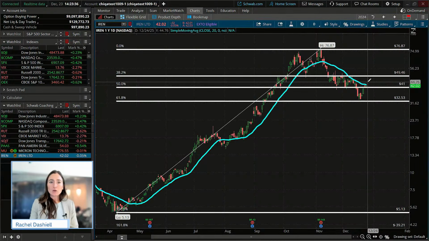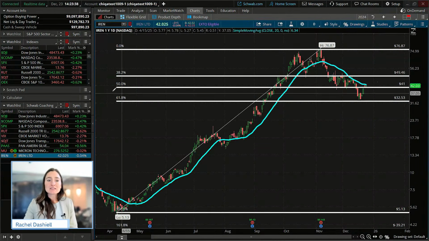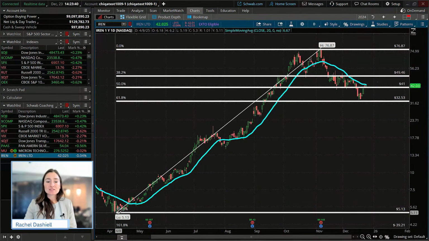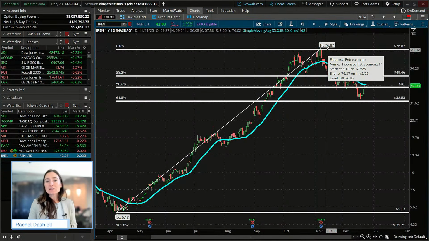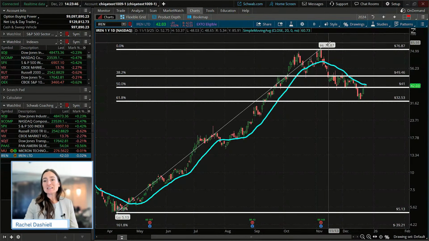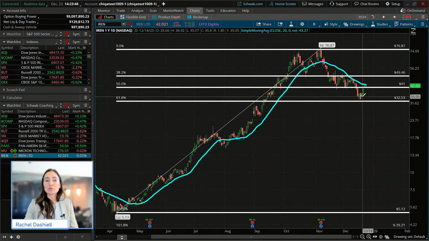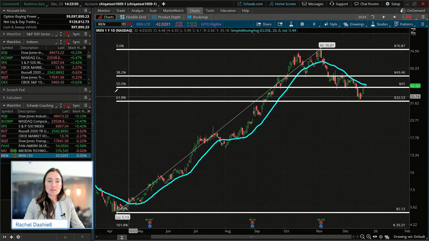If we kind of saw that bounce, that may give investors another area to really buy the dip. Now, I will say this, if you did see a very strong trend to the upside, it is very typical to see a very deep retracement of that move. So it's not really surprising that we saw a very, very deep retracement to the 61.8% level.